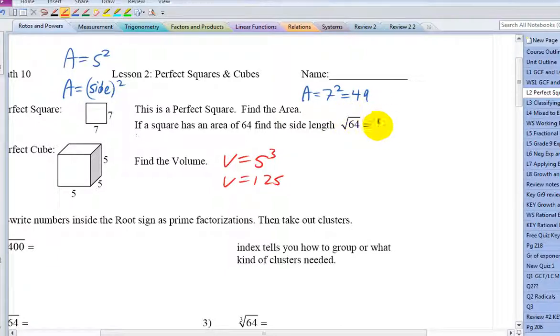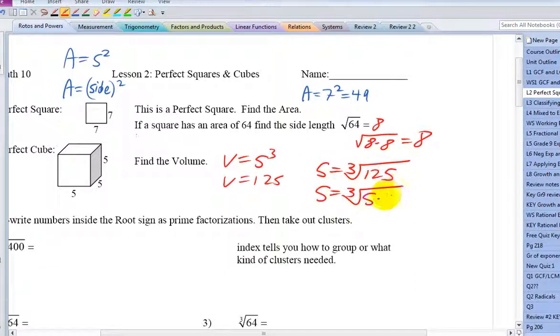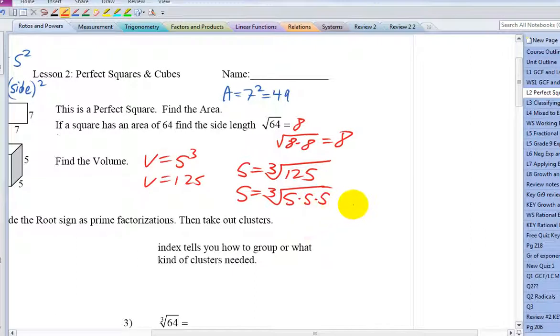Okay, so this equals 8. So 8 times 8 equals 8. And 5 equals cube root 125. Cube root 5 times 5 times 5. Okay, so if we have 6, and we're going to use an index of 4, what do we have to have on the inside to have a value of 6?